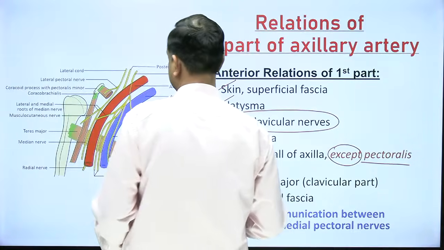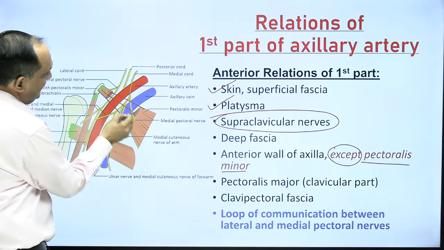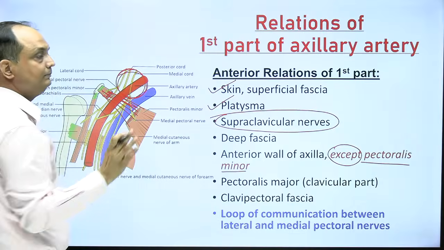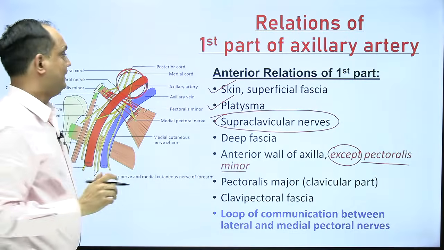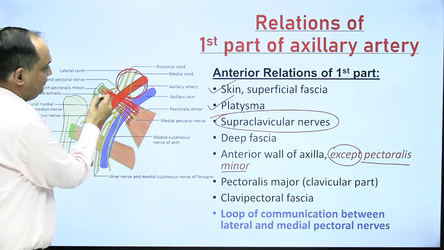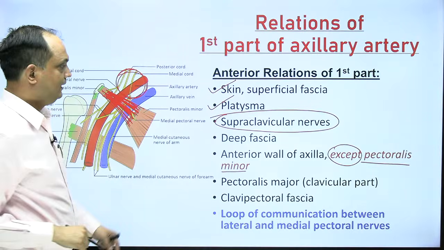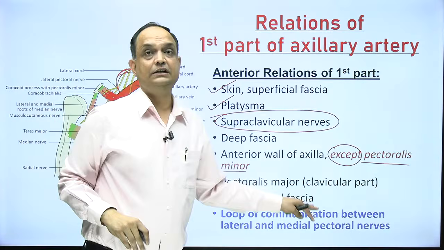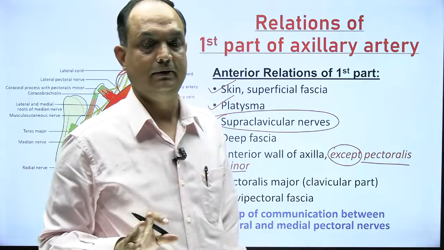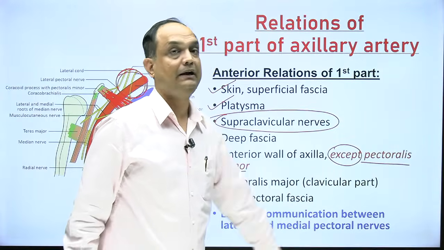Now here in this diagram, this is the cut section of pectoralis minor, and if I am making the relation in this area, pectoralis minor will never come in the picture, because pectoralis minor will come in the picture when you have the relation in this part of the area. Clear? Pectoralis major is the only muscle anteriorly related to the first part of axillary artery. Loop of the communication between the lateral and medial pectoral nerve.